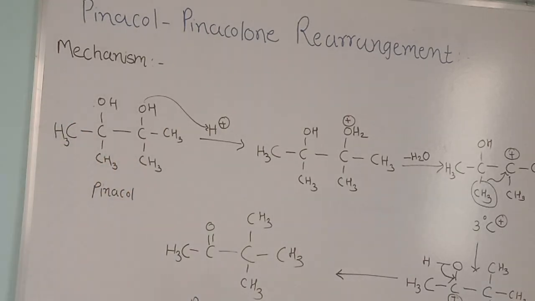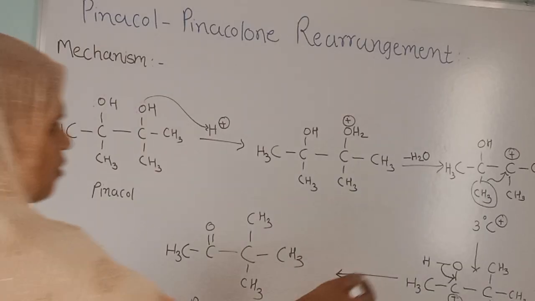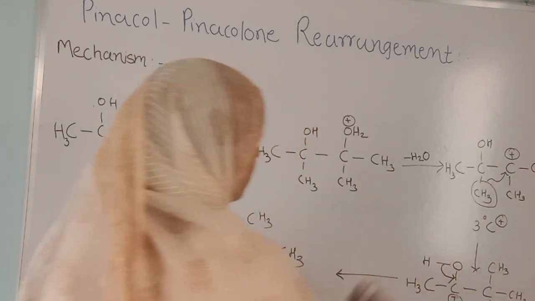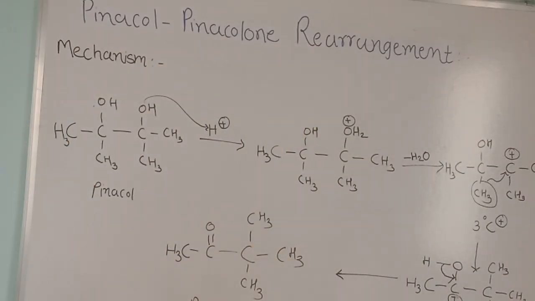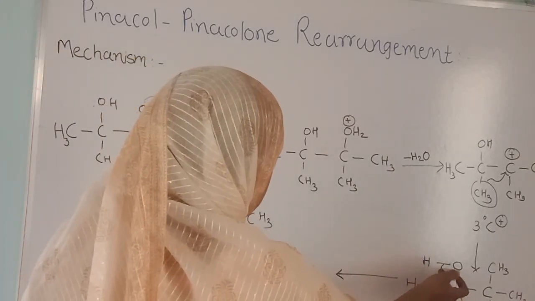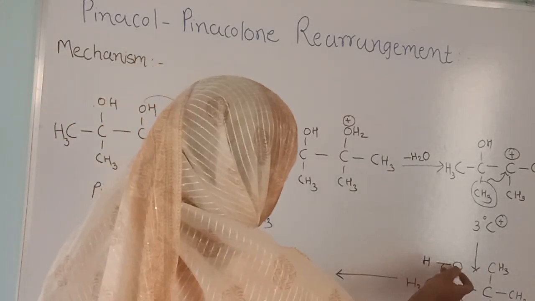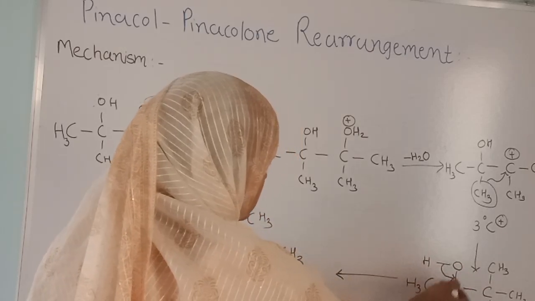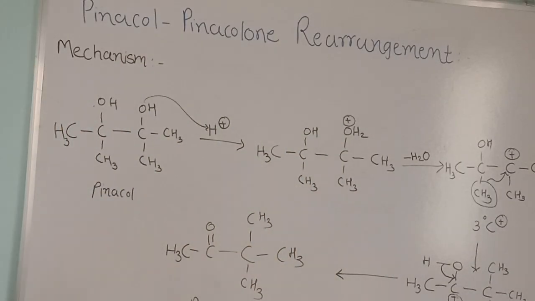In this reaction, first pinacol abstracts the proton and the hydroxy group is converted into a good leaving group. Then after the water molecule is lost and the carbocation is formed, there is migration of the alkyl group onto the carbocation, and again formation of a tertiary carbocation, which is stabilized by formation of a carbon-oxygen double bond, or carbonyl bond.